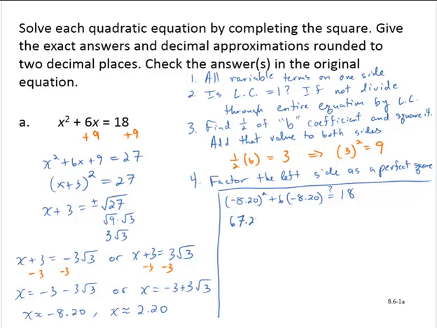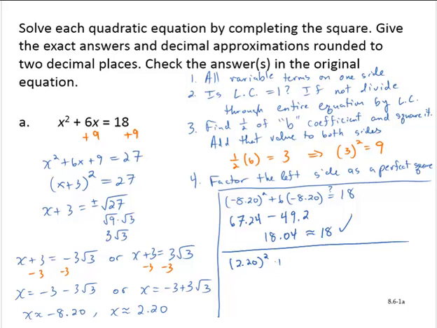And plus 6 times negative 8.20, that's minus 49.2. 67.24 minus 49.2 is 18.04, which is approximately 18. So that checks out. And now the other solution.